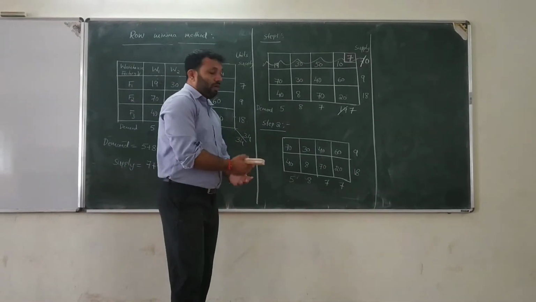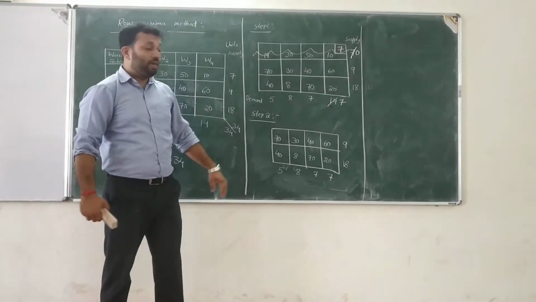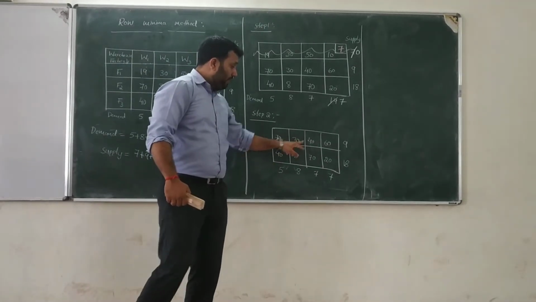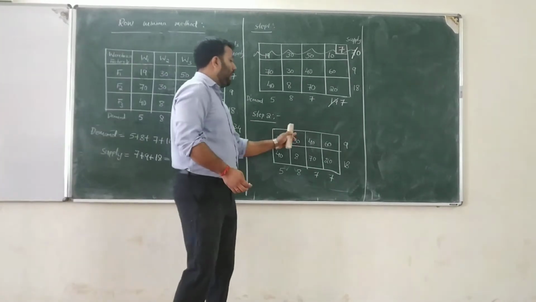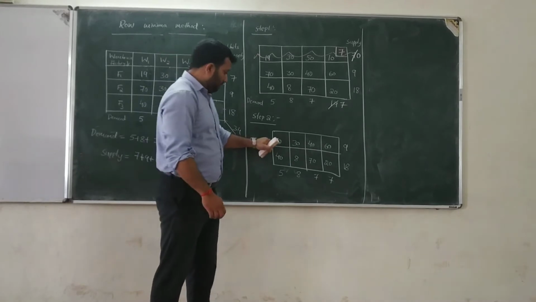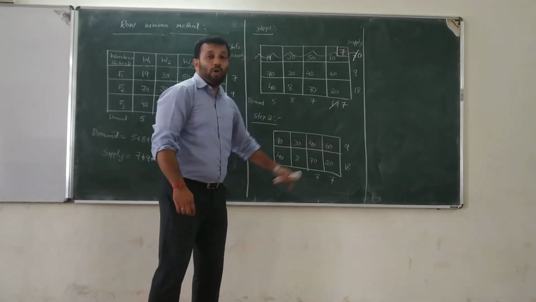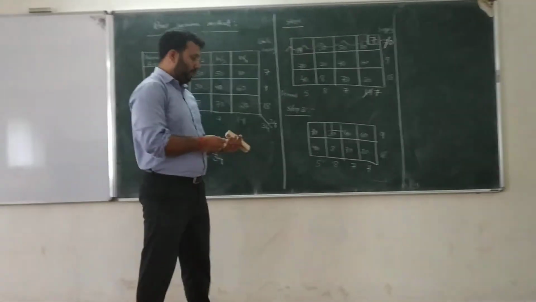Again we have to select a row, and in this row, whichever is the minimum value, to that position we allocate. Here the costs are 70, 30, 40 and 60, and out of that, 30 is the minimum value.